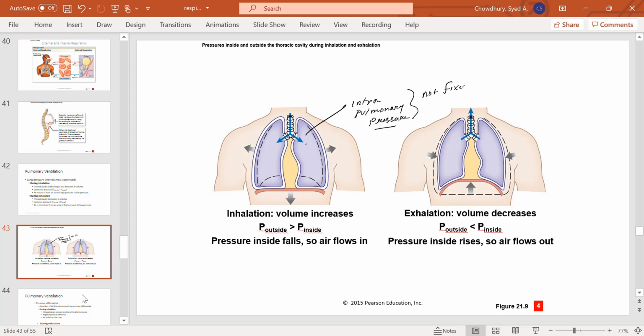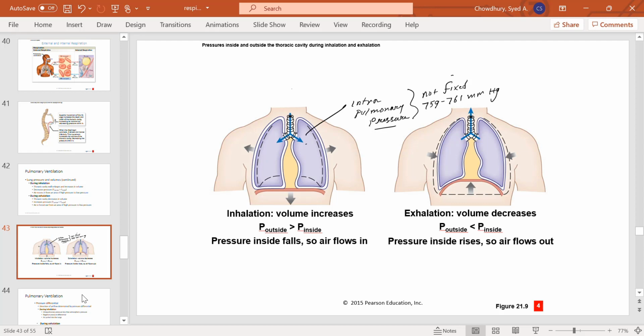It changes during breathing. It changes between 759 to 761 millimeter of mercury. So a little bit goes up and down.